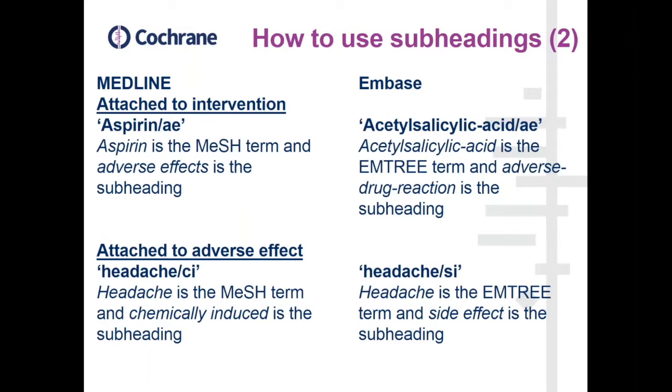And you could attach your subheading, if it's something like chemically induced, to the adverse effect itself. So headache /CI in MEDLINE searches for the term headache with chemically induced attached to it. And there is a similar way of searching in Embase.